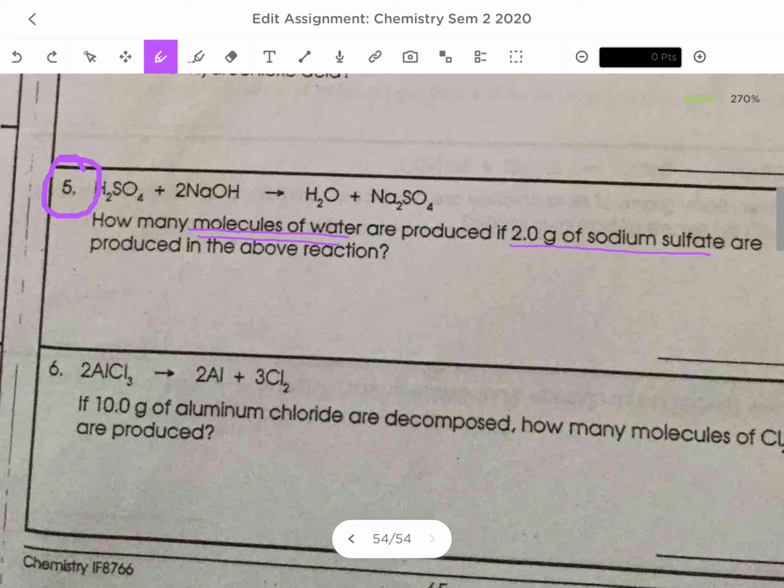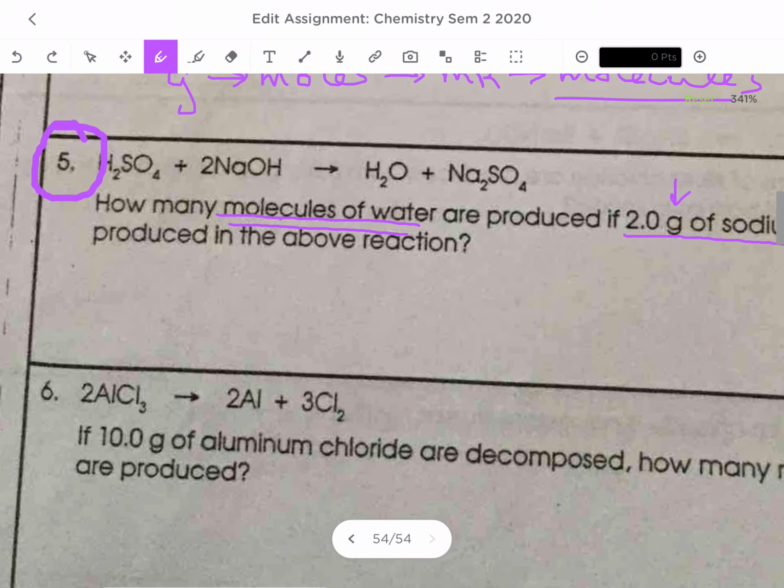So the pattern for this one is slightly different. It's grams to moles, because we're starting in grams right there, then we can use our mole ratio from our balanced chemical equation and then convert to molecules. So really this is the only different part in this problem.